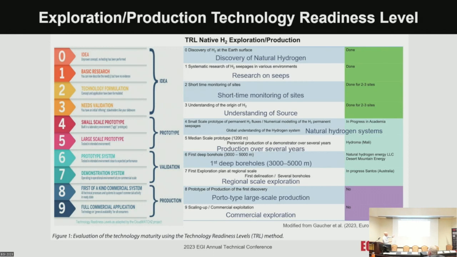Santos and Central Petroleum, sorry, I can't remember the name now, but they are going to drill 3 exploration wells later this year and early next year. So these are in progress. And what we do not have yet is a prototype large scale production and commercial exploration. Okay.